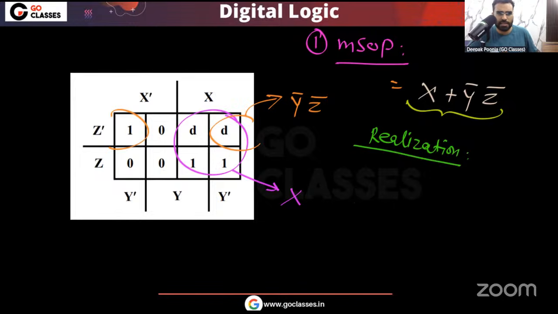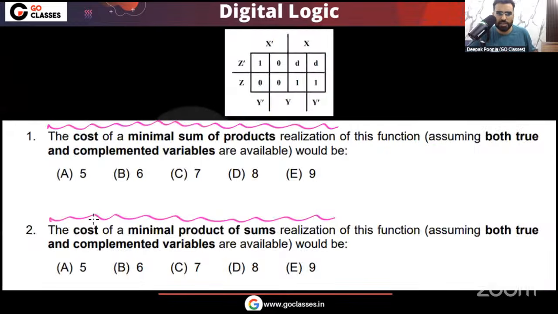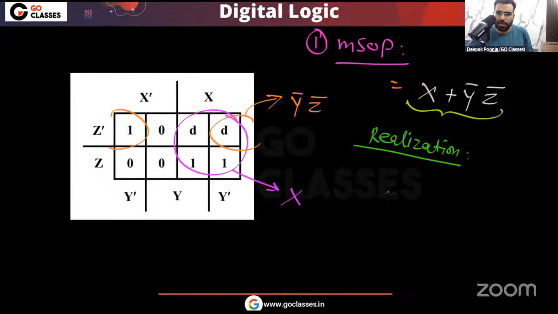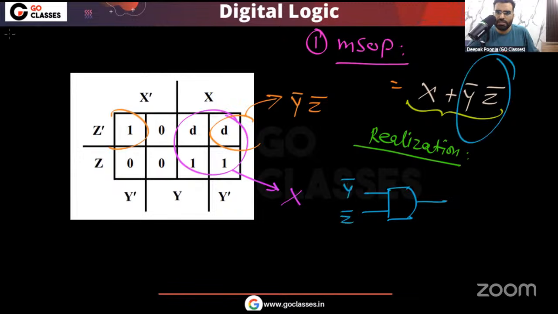Notice one thing, I already have Y bar, so I don't need an inverter. Assuming both true and complemented variables are already available, we just need an AND gate. Y bar, Z bar are already available to us, so we got Y bar, Z bar.